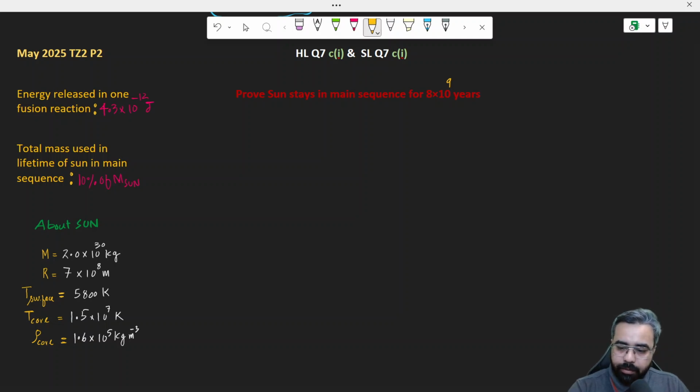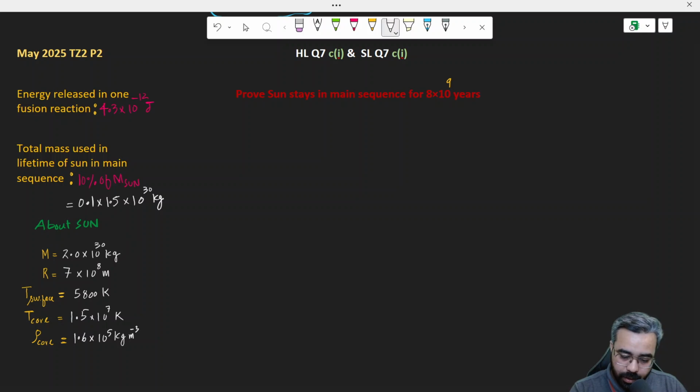So let us quickly find out what this total mass is, by the way. We can say it is 0.1 times 1.5 times 10 power 30. Notice that when it entered into the main sequence, its mass was 1.5 times 10 power 30 kilogram. So you don't need to use this value.